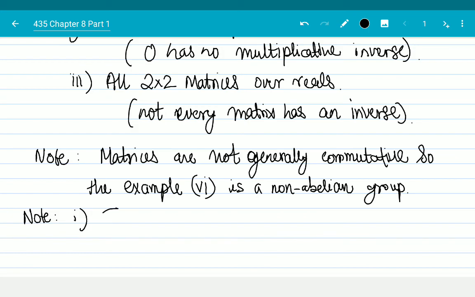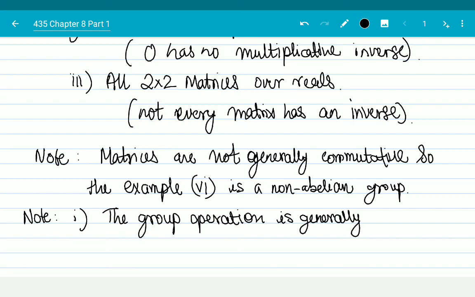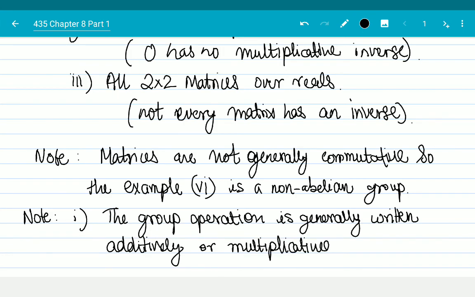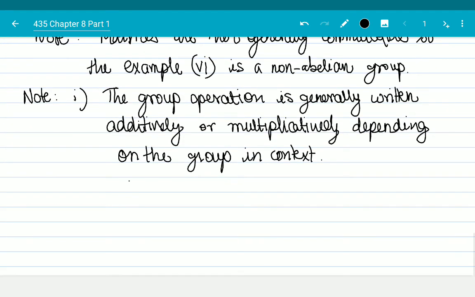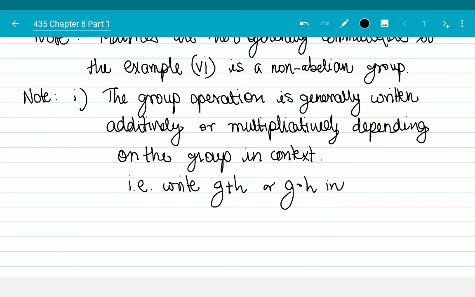So first, the group operation with the groups we are dealing with is generally written additively or multiplicatively, depending on the group context, i.e., write g plus h or g times h instead of g o h.